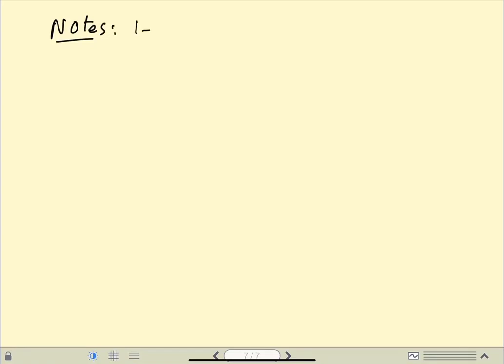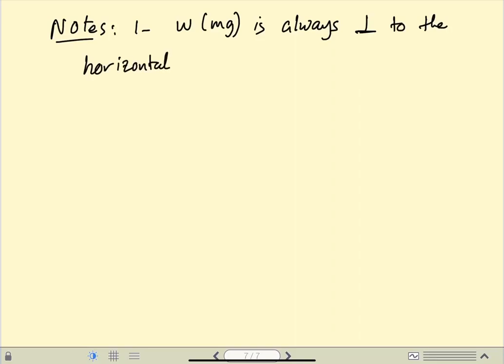1, weight, which is mg, my dear students. It's always perpendicular to the horizontal, always to the horizon. But R is always perpendicular to the surface of motion.